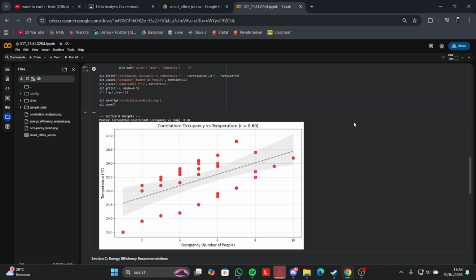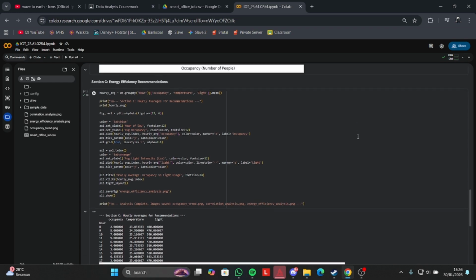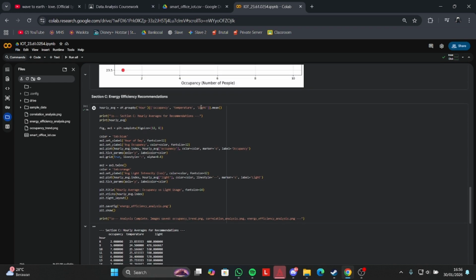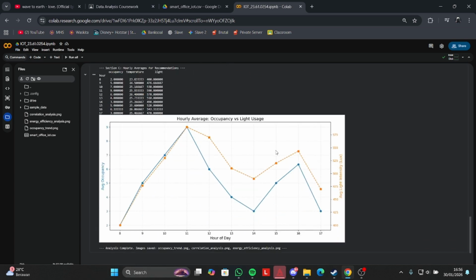The next is Section C. Section C is about energy efficiency recommendations. And here's the code. Okay, and here's the visualization. In Section C, based on the observed data patterns, there are clear opportunities for energy optimization.